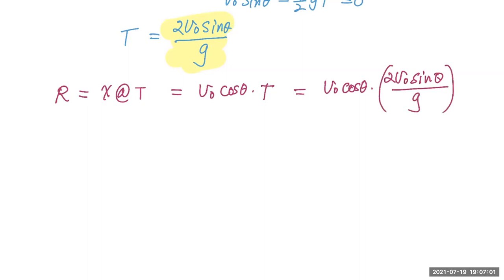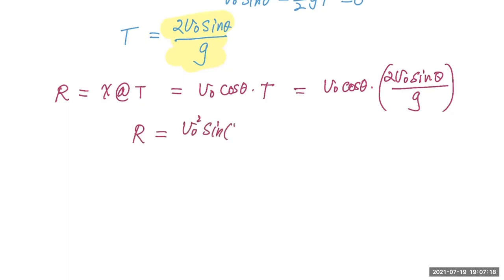I have a v naught cosine theta, and then I have a sine theta. There's a 2 sine cosine in the numerator. 2 sine theta cosine theta is equal to sine of 2 theta, as you learned from your trig class. So R equals v naught squared sine 2 theta over g. This is the range formula.